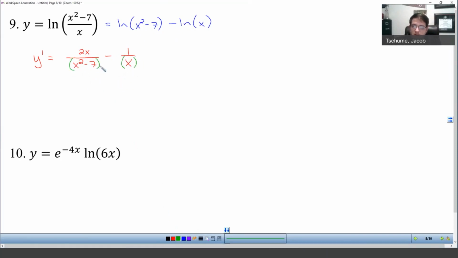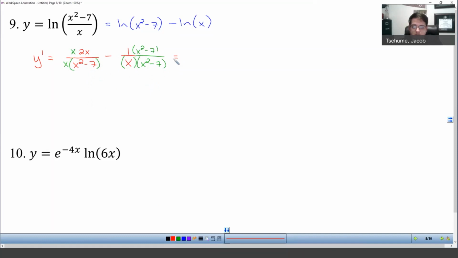For example, the second fraction doesn't have this x squared minus 7. So I'm going to put it on the bottom of the second fraction, but that means I have to also put it on top. The first fraction is missing that x that the second one has, so I'm going to put an x on the top and the bottom.